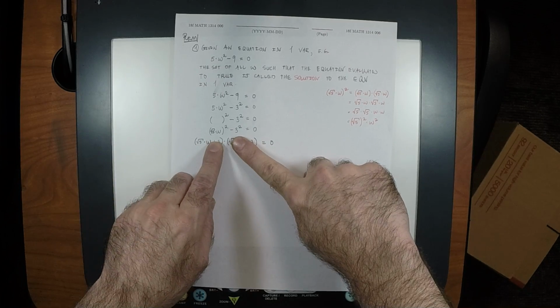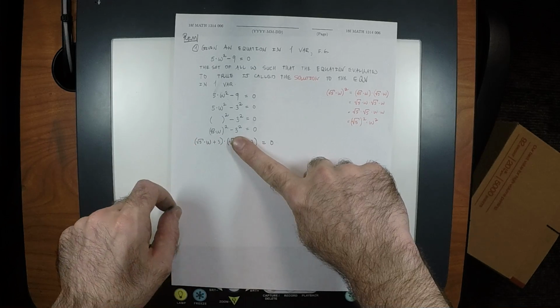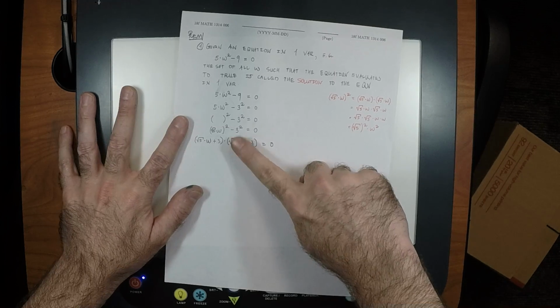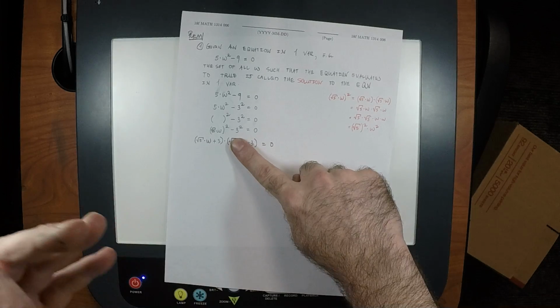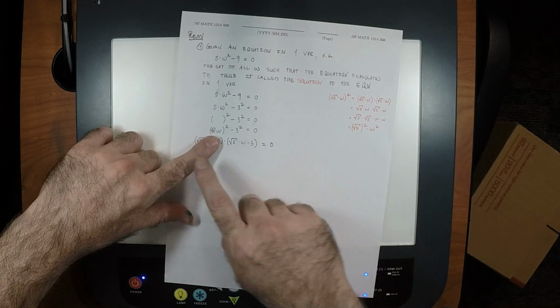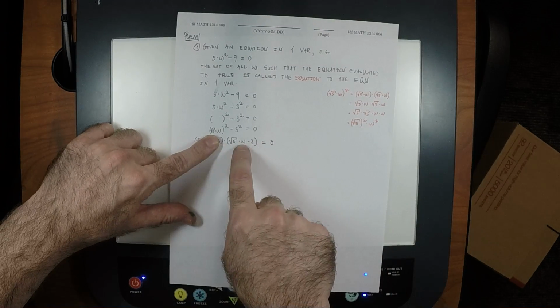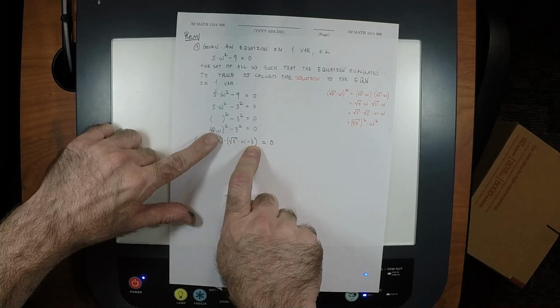Because if that's 8, and that product is 0, then it has to be the case that the one I'm covering up is 0. Because if this weren't 0, if it were 7, then it would be 8 times 7 is 56. It wouldn't be 0, right? Similarly, if I find some w so that the equation is true, and that factor turns out to be 40, then what must be true about this one I'm covering up?